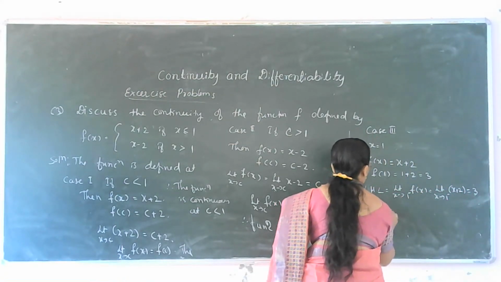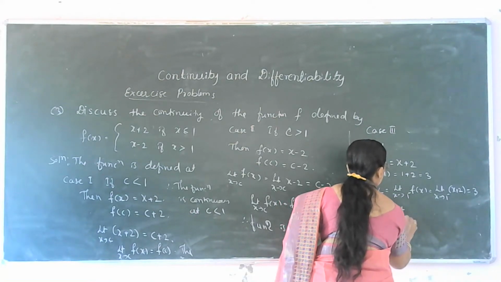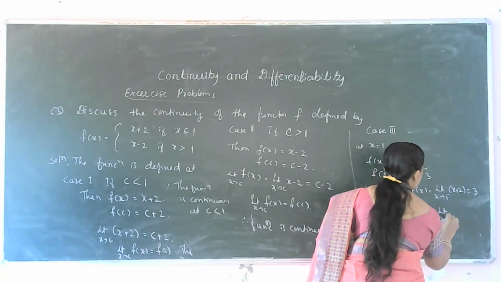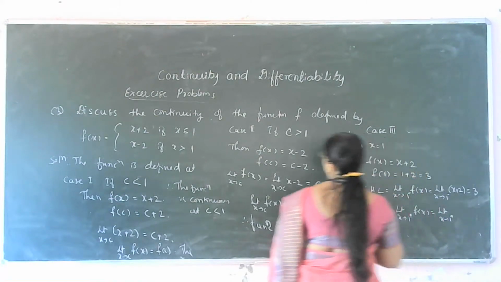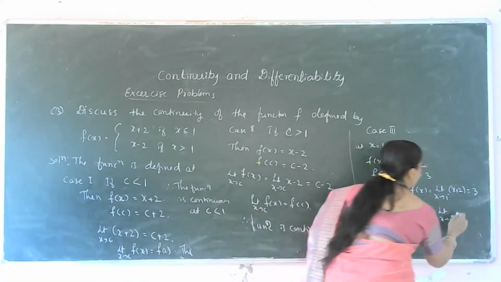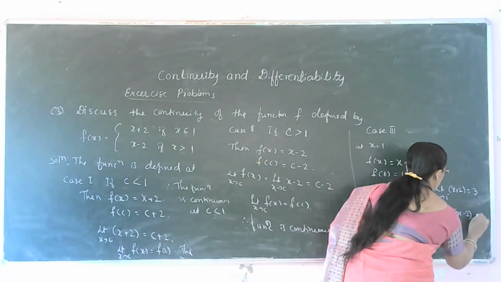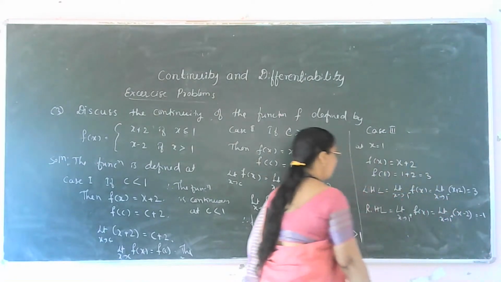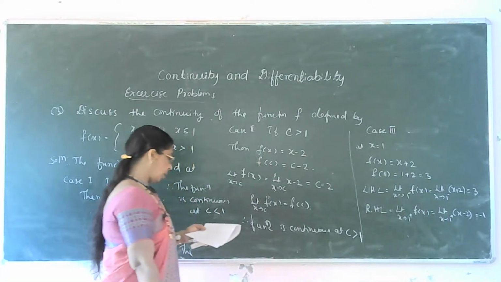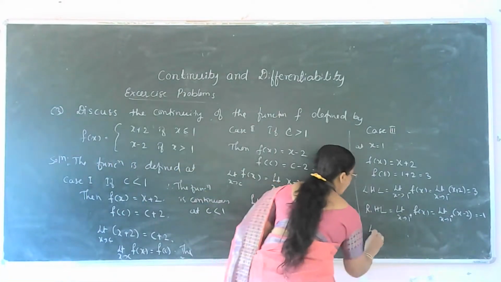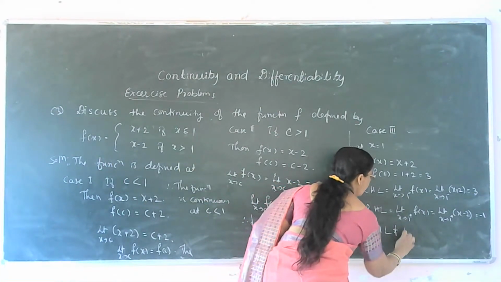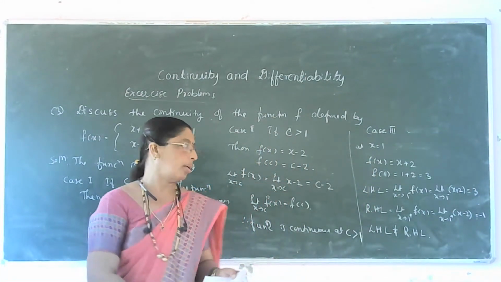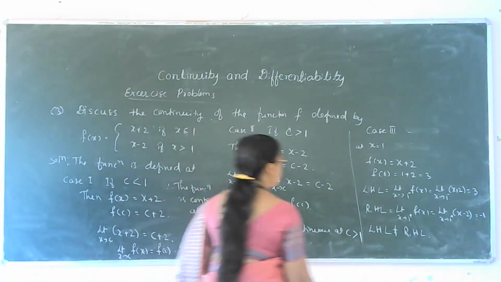Then the RHL, the limit as x tends to 1 plus of f of x, is x minus 2, which is 1 minus 2, equal to minus 1. Here LHL and RHL are not equal. Therefore, the function is discontinuous.